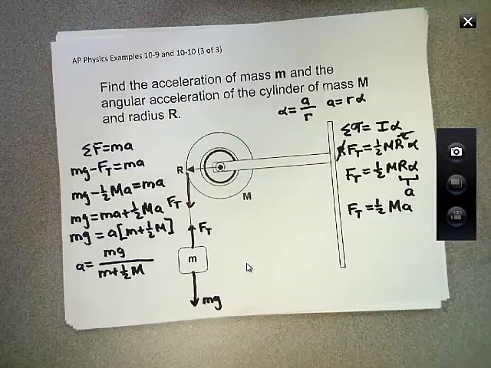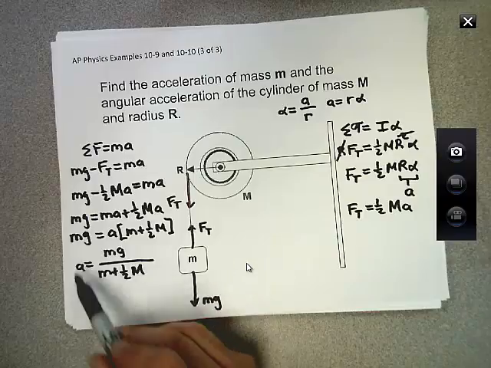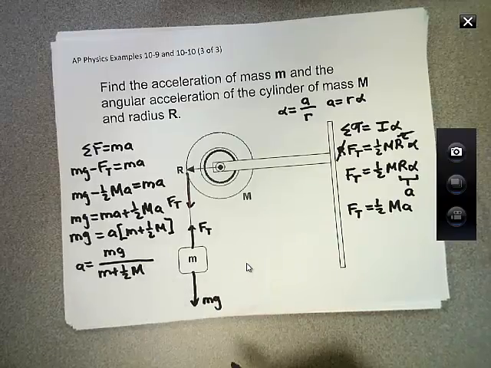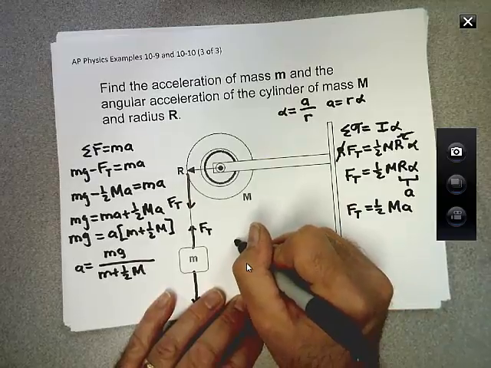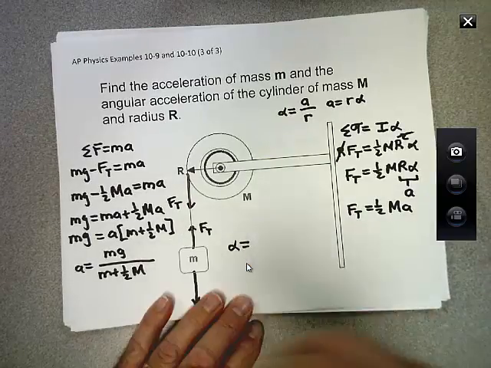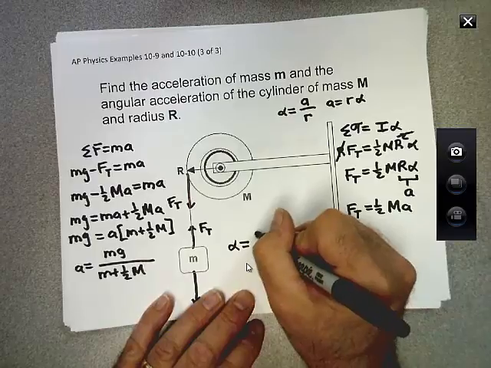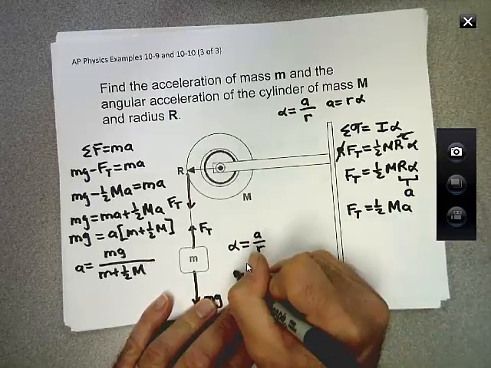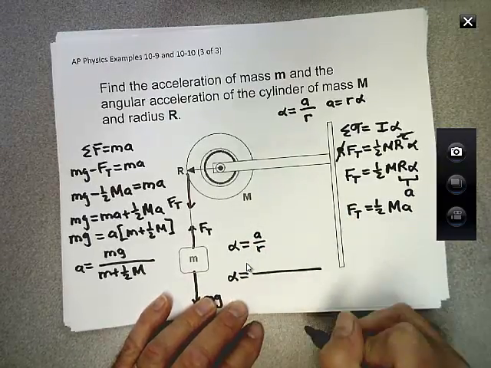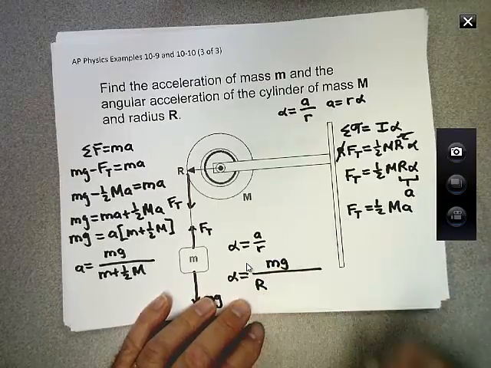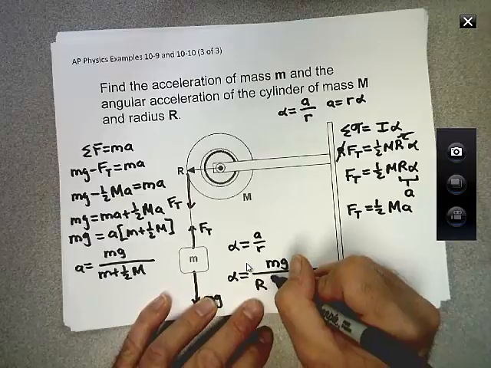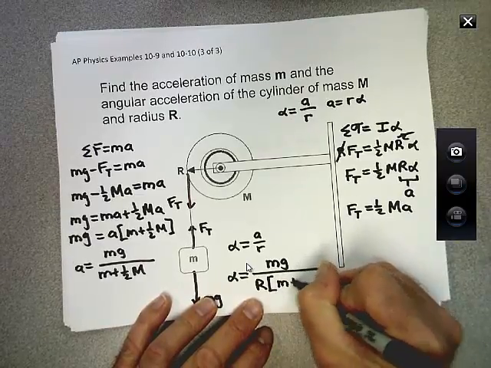If we want the angular acceleration of the cylinder, all we have to do is take this value and divide by r, I apologize. We know that alpha is a over r, so that means alpha in this case is equal to mg divided by r times the quantity m plus 1/2 m.